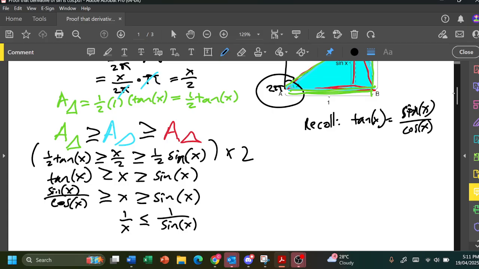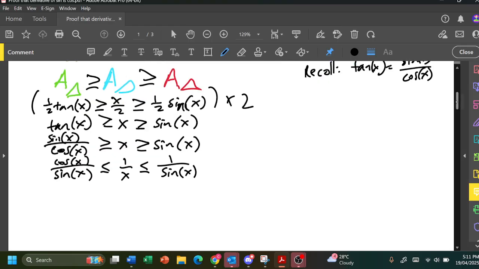So if x is greater than or equal to sine of x, then 1 over x must be less than or equal to 1 over sine x. And in the same way, I can flip this other fraction over here, so that's going to be greater than or equal to cosine x over sine of x.